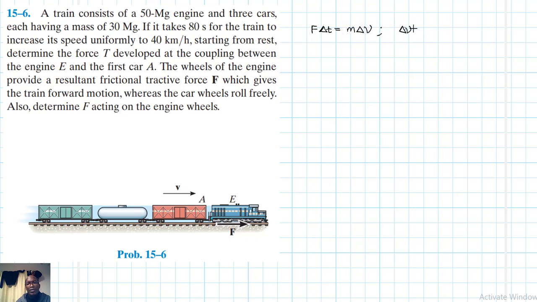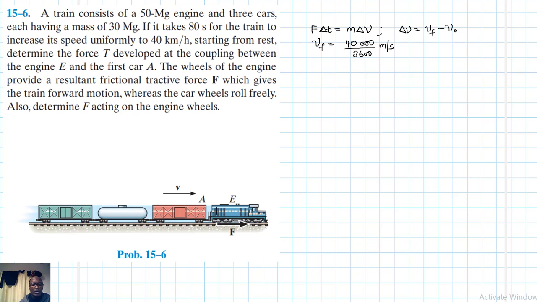Our delta v is equal to v final minus v initial, and our v final is equal to 40,000 meters divided by 3,600, since we want to convert this to meters per second.